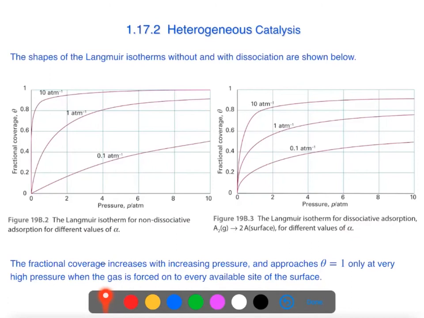So when the equilibrium constant is 10, for physisorption, we're going to reach fractional coverage at much lower pressures than for chemisorption, where even upwards of 10 atmospheres, we still haven't reached a fractional coverage of 1.